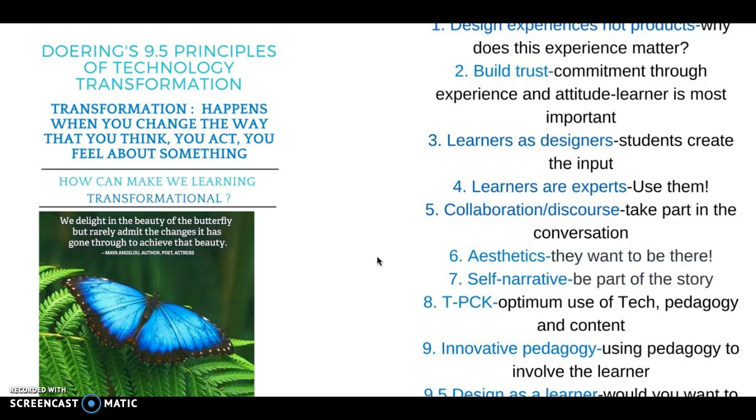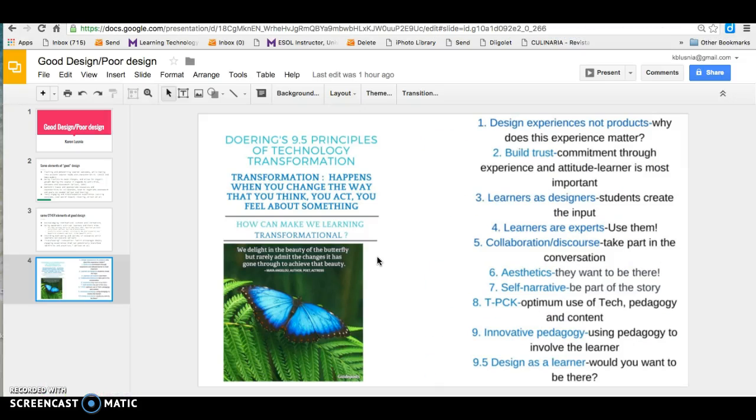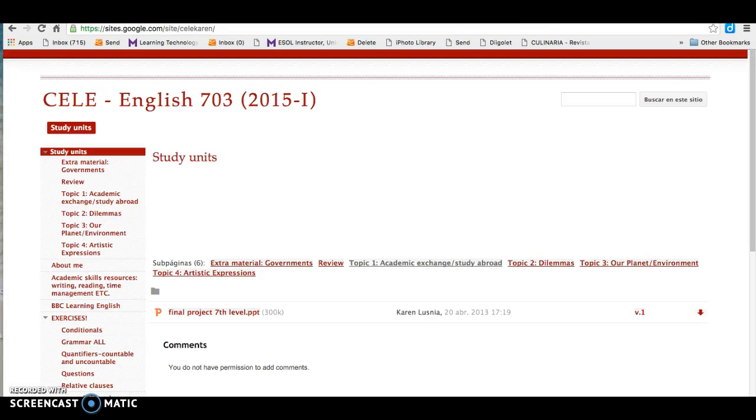So what I want to do now is go to some of the sites that I have that give support or materials to some of my students.